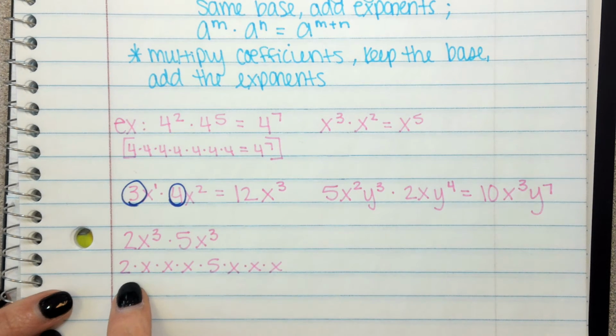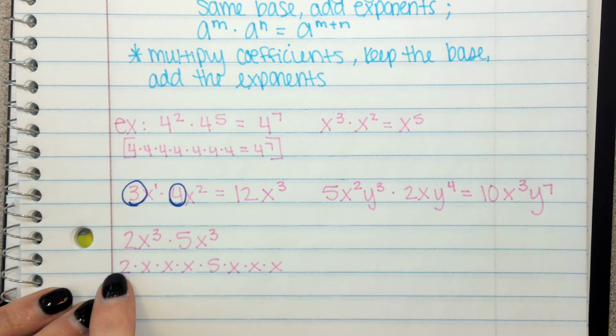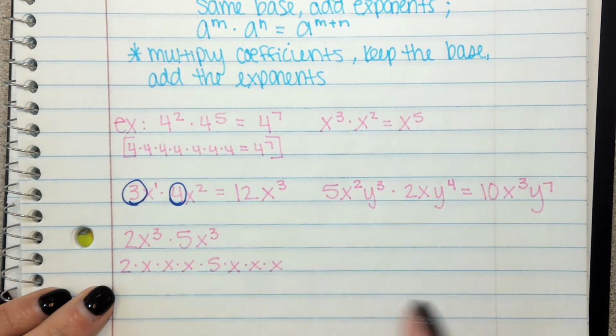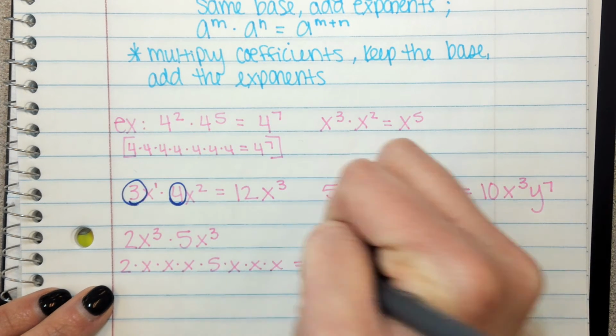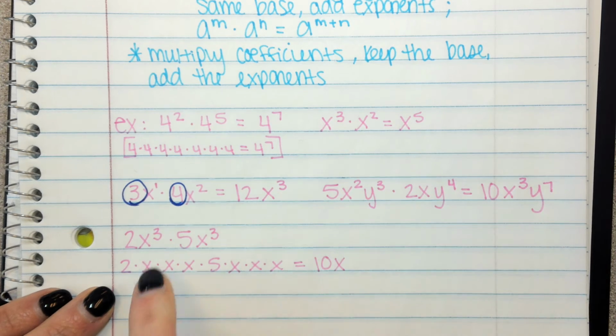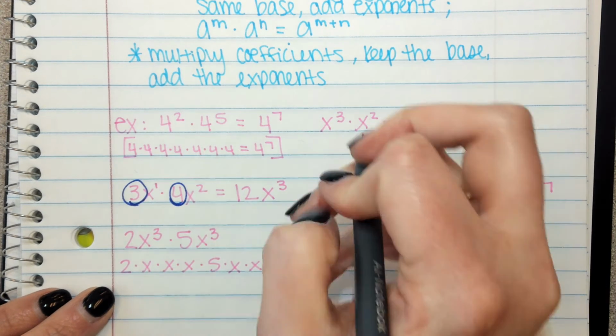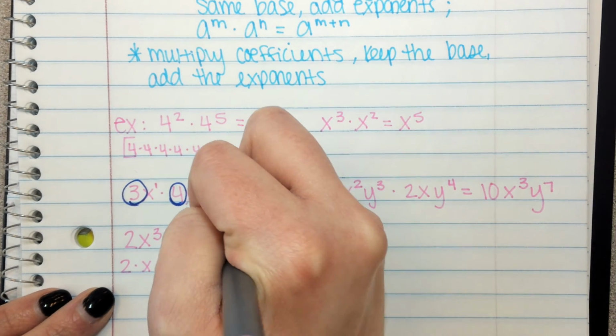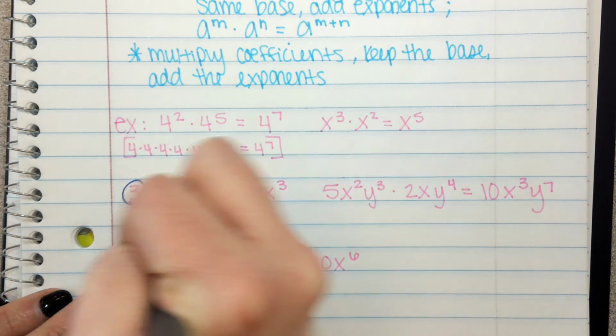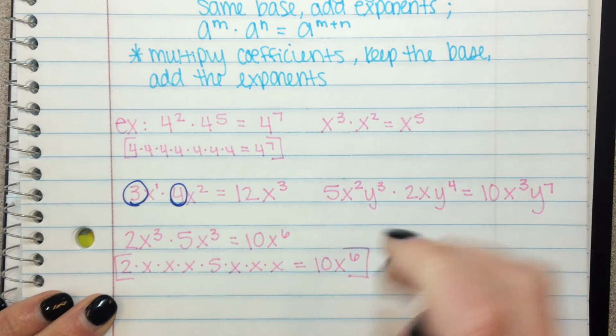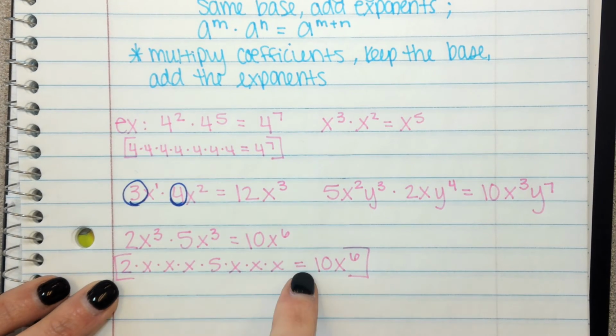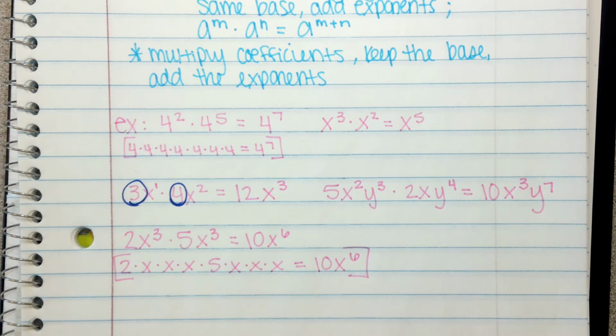And so we know that order doesn't matter in multiplication. So I can reorder this so that the 2 and the 5 are together, and that gives me 10. And then my base is x, and I have 1, 2, 3, 4, 5, 6 of them. Okay, so I get 10x to the 6th. And again, like I said before, you're welcome to expand it out if that's going to help you. It should work out the same every single time.